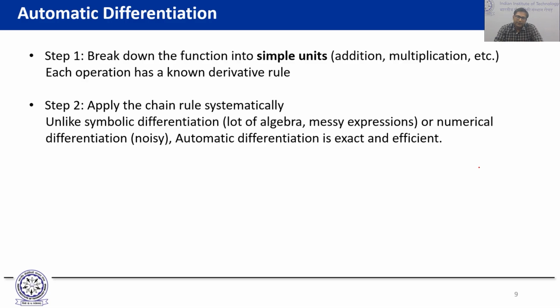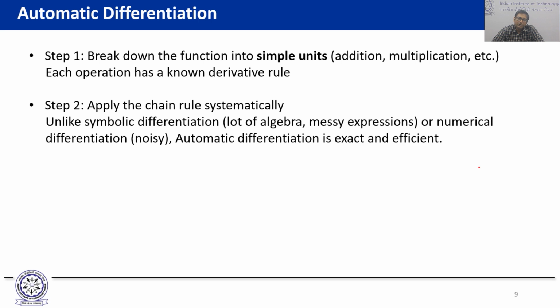When I say simple units, it could be something like addition, multiplication, or things like taking a logarithm, or maybe some very basic trigonometric functions. The advantage of breaking down the entire expression into simple units is that every unit has its own rule of differentiation. And so once you break down your function into simple units, you can start applying the derivative rules.